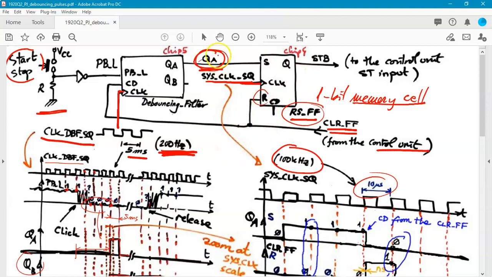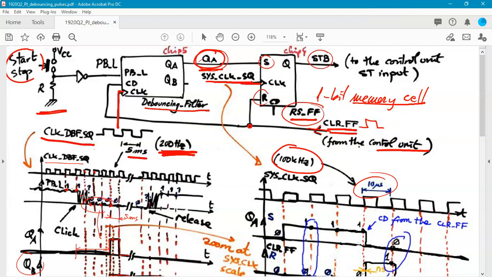So in one way the QA is going to set the flip-flop, set high the start button, and on the other hand the control unit is going to send another pulse for resetting the flip-flop, and perhaps something else, like the debouncing filter itself, because there is no need to keep the QA high anymore, because the pulse has been acknowledged by the control unit, and it can start the process or it can stop it.